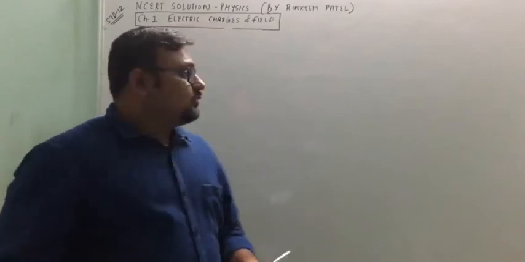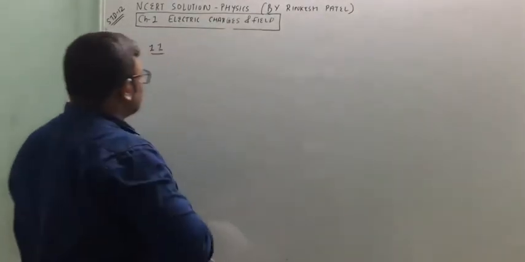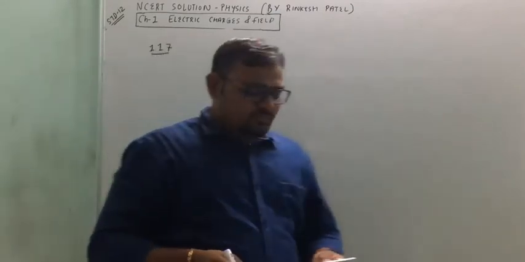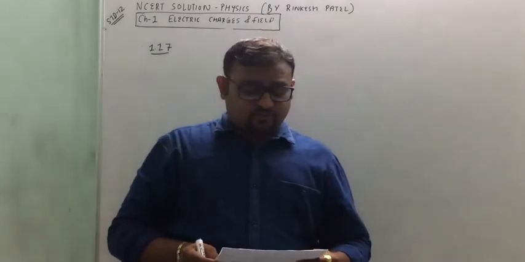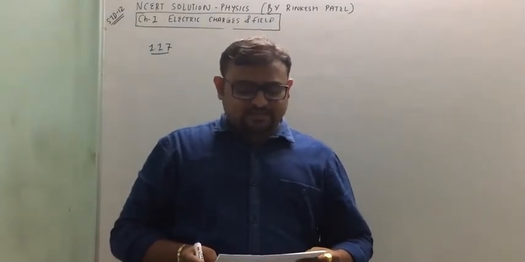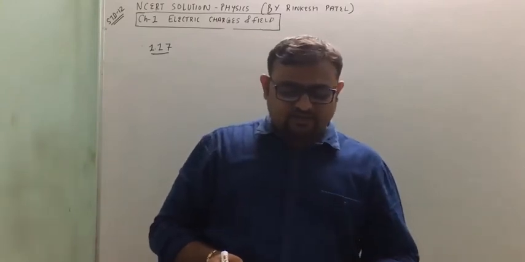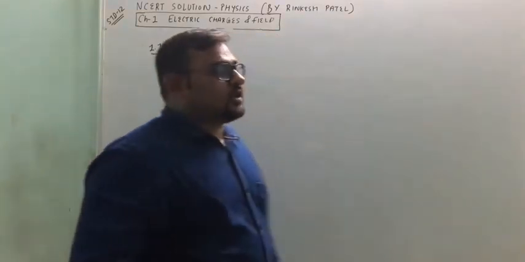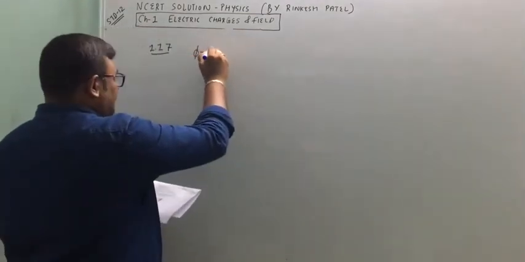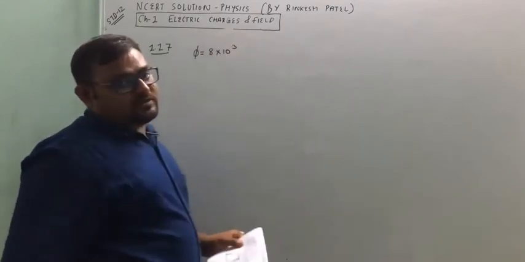Next, let's go to 1.17. Careful measurement of the electric field at the surface of a black box indicates that the net outward flux through the surface is 8 into 10 raised to 3 Newton meter square per coulomb.